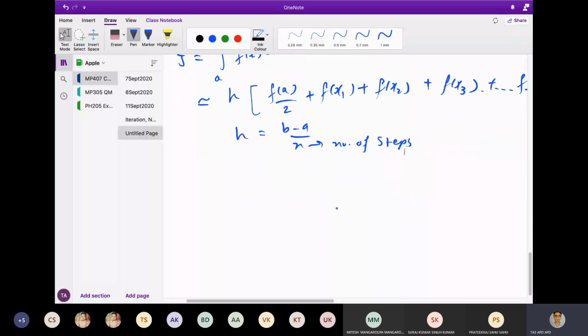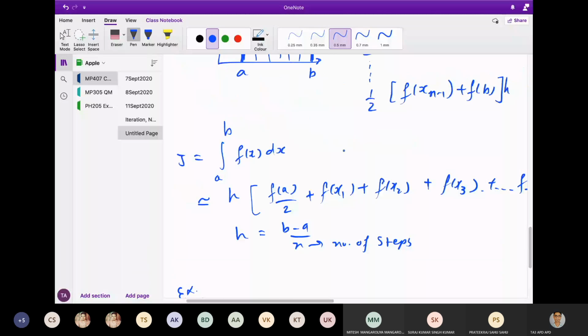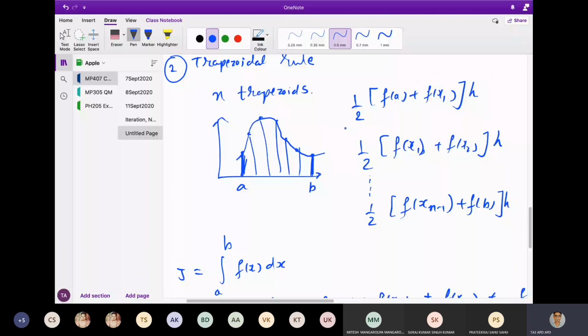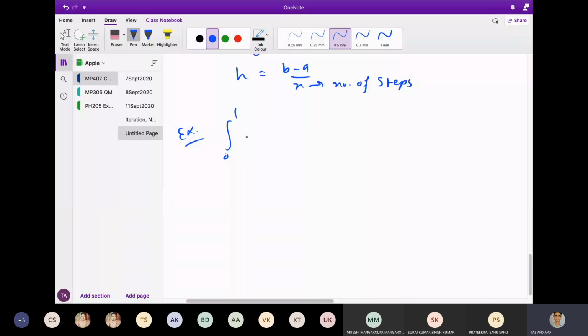All right. So we should do one example for that. Let's take the same integral, the one which was e to the minus x square. We take the same integral, 0 to 1 of e to the power minus x square dx.